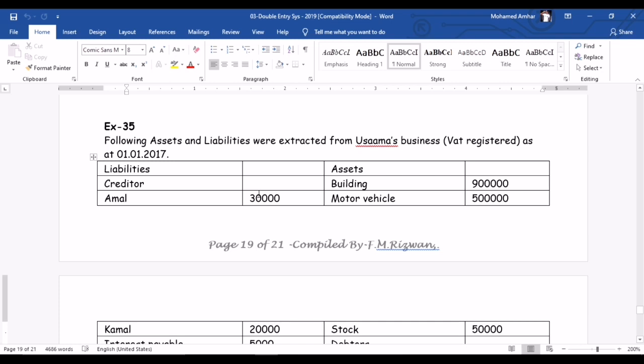Before recording in the ledger, first it should be recorded in a prime entry book. So to record the opening balances, the prime entry book is the general journal. You have to record these asset and liability balances in the general journal.